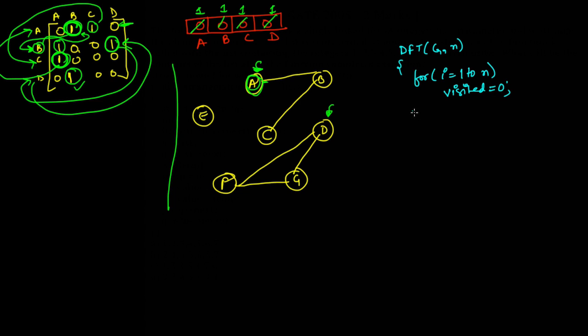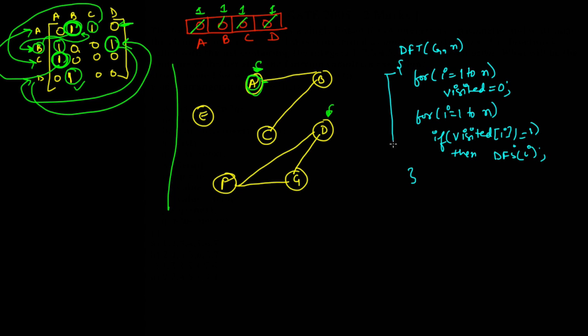And then for i equal to 1 to n, that means for each node, if visited of that node is not equal to 1, then you can apply depth first search on that particular node. Okay, this can be an algorithm to apply depth first traversal.